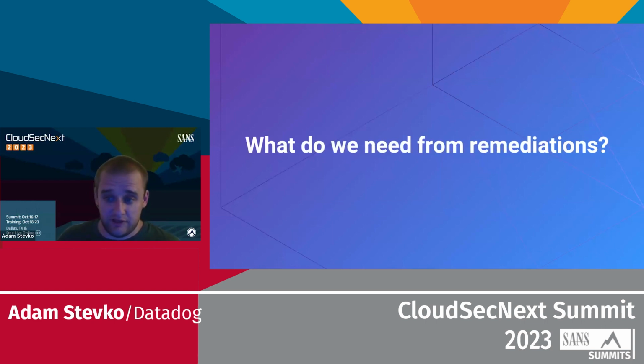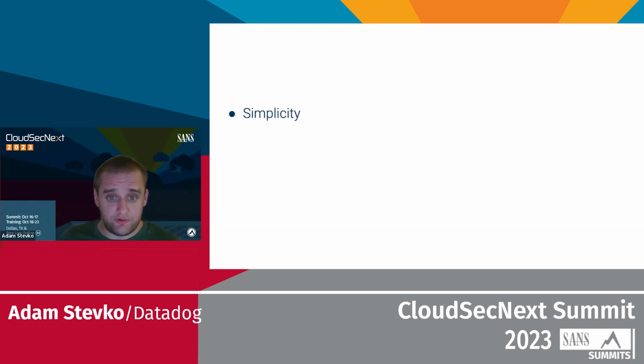So this led us to define a couple of requirements, what we expect from remediations. First and foremost, simplicity. It has to be clear what has to be done, how it has to be fixed, and what the impact is. If we ask people to take action and we have classes of misconfigurations, we are always trying to tackle them in a systematic way by providing tooling or procedures so it's easy for them.